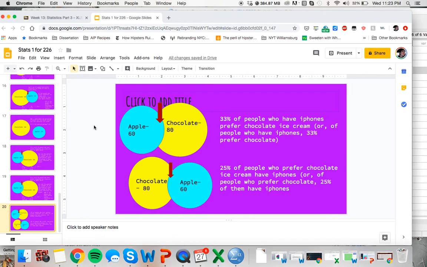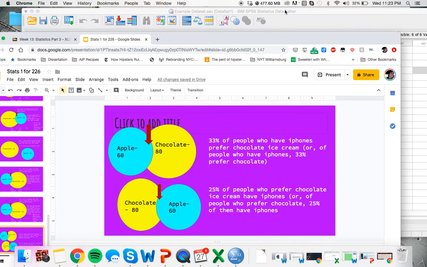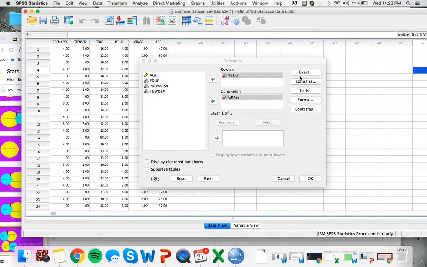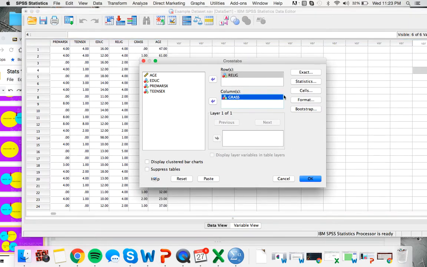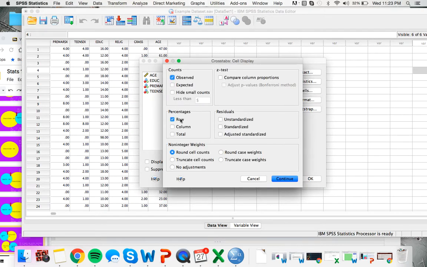So here we were just asking about the relationship between your favorite flavor of ice cream and what kind of phone you have, right? Here we want to know what's the relationship between the religion that you identified on the survey, and whether or not you think marijuana should be legal. So we want religion and grass, and we want to click on cells.